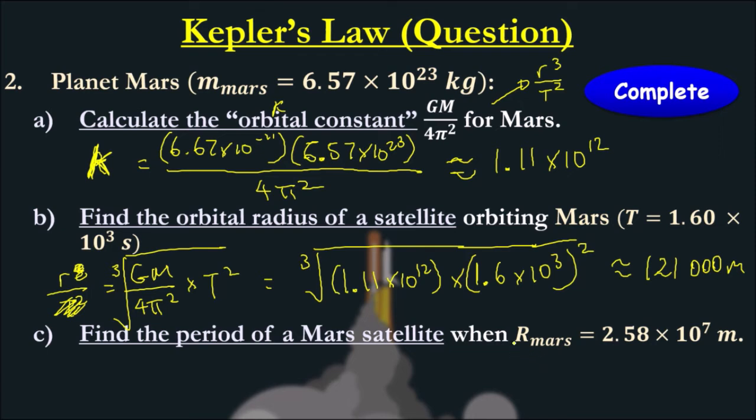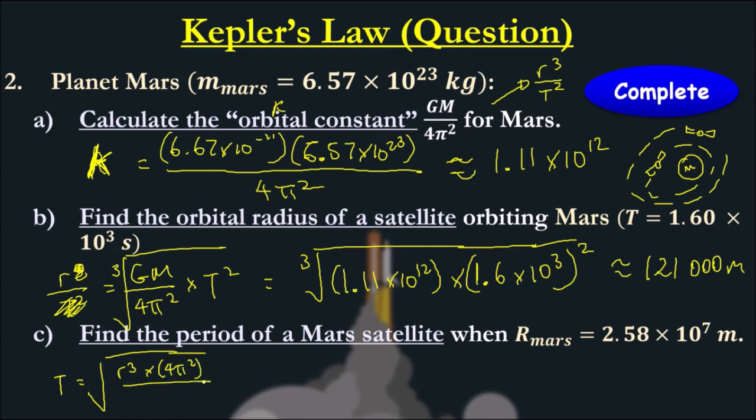Okay, so this satellite up here, they both orbit Mars. So you have two satellites. So you have Mars here, one satellite's here, other satellite's here. So they're probably at a different radius, but their orbital constant would be the same as each other. So if I rearrange my equation, it looks like so.